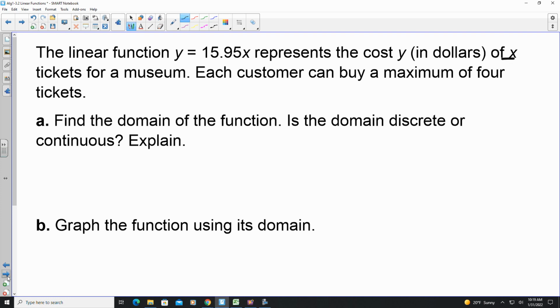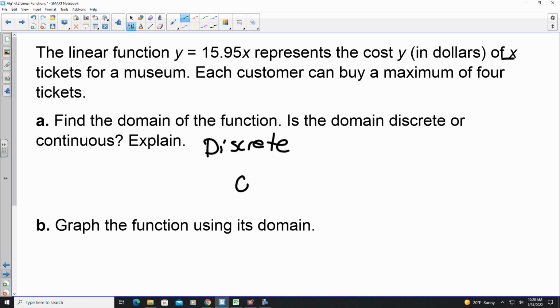Well, x is supposed to represent tickets for a museum. Now, since you can't have a fraction of a ticket, I would say that this particular one is a discrete domain, and the values are going to be integers.